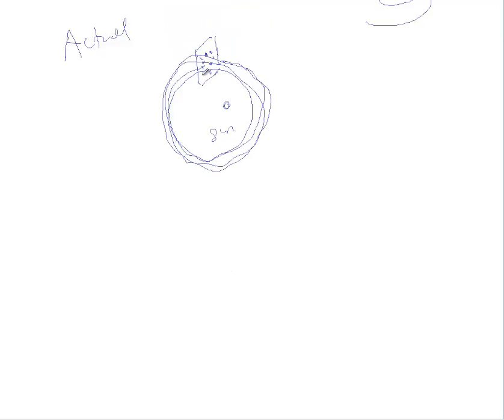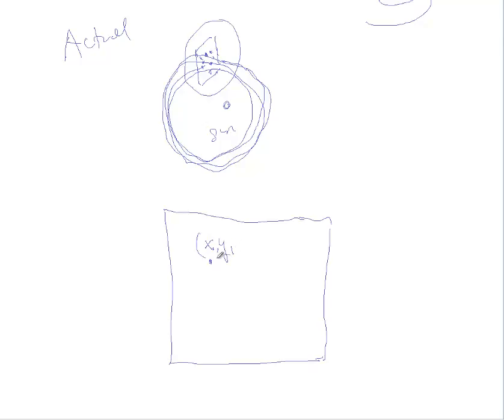So if I draw a picture just of this plane, it might look something like this. Perhaps the first time it goes through, it passes through the point x1, y1. The second time it goes through, it might pass through x2, y2. Third time, x3, y3. And the points are jumping around in the plane.